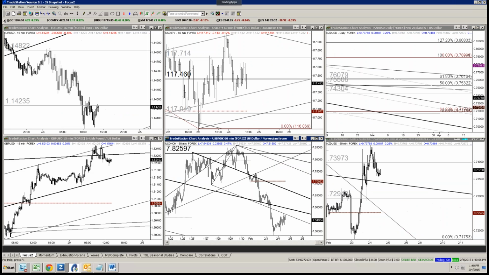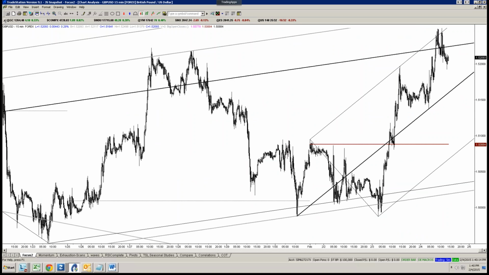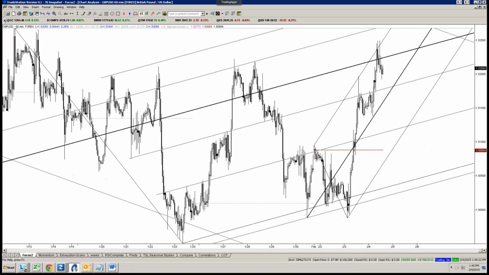Let's look at the British pound. And we looked at the daily. It's been a good couple days to be long the pound. Again, I'm much more likely to get out of this trade, or I have the target on at 52.80.